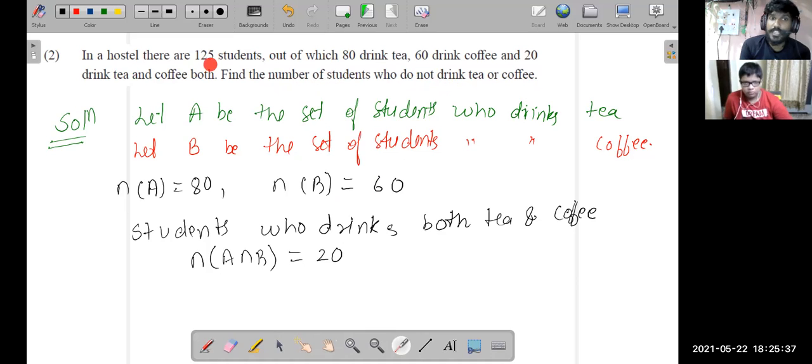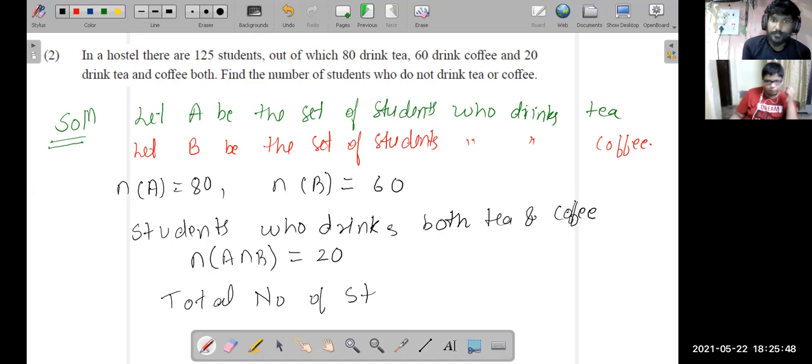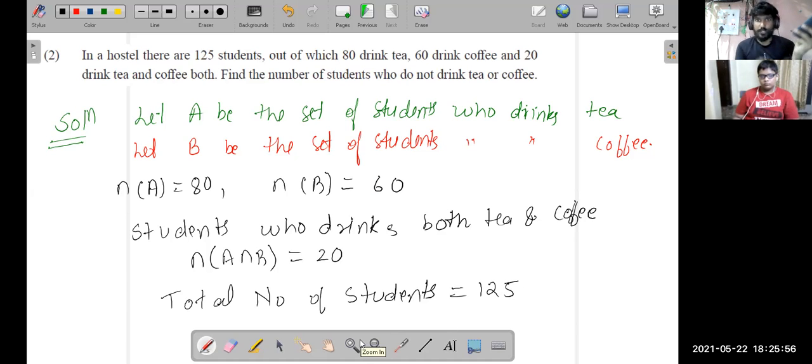Total number of students. Okay, the total number of students is given to you. That is 125. This is the total number of students.